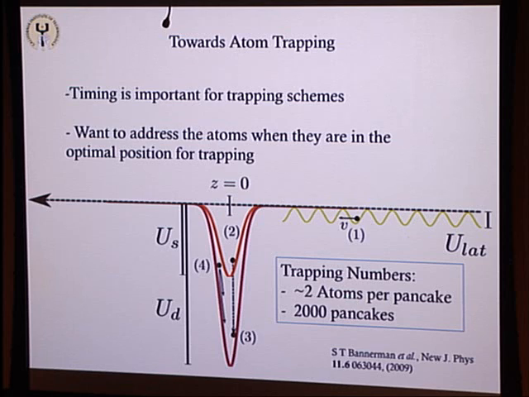For the trapping numbers that we have, we estimate about 2 atoms per pancake, and within this dipole bullet there are about 2,000 pancakes. So even with pretty crappy efficiency, you can start to load this structure up. We're in the process of implementing this switching from one trap to another right now.